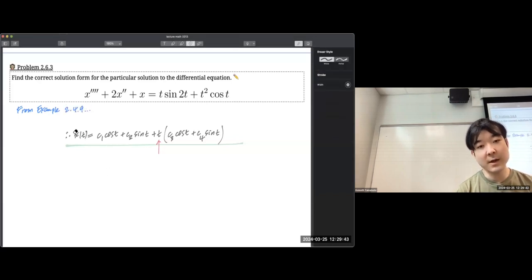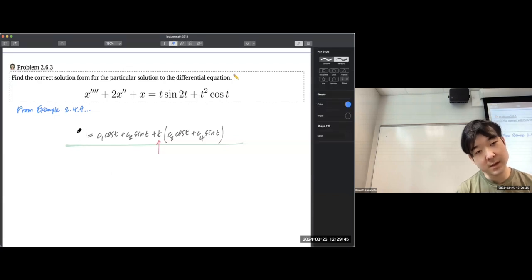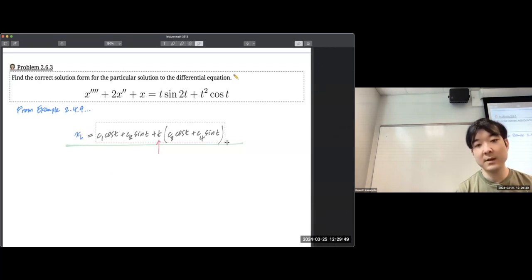I'll label this as our homogeneous solution, and we can take it all and say that this is blue for our homogeneous solution.